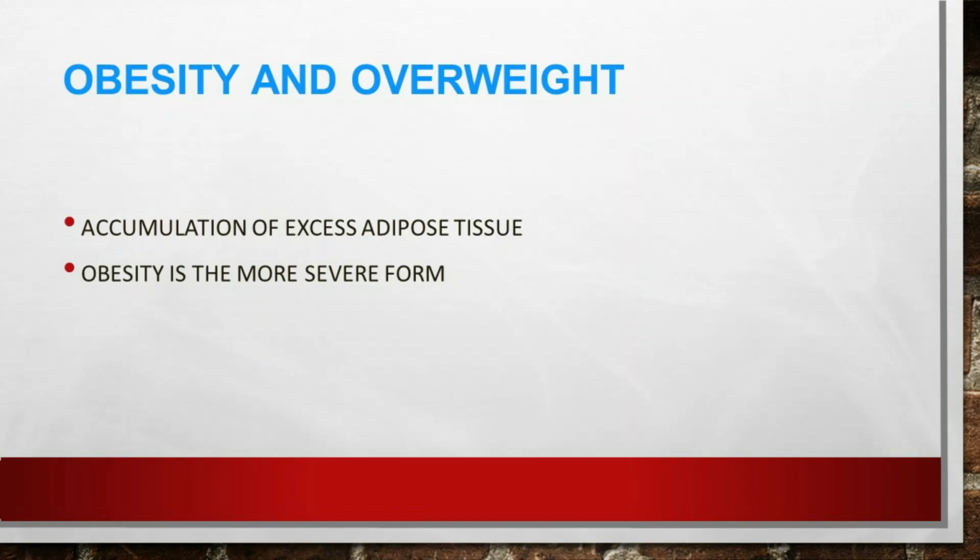Obesity can be further divided into categories, such as extreme obesity. A BMI of 30 translates into approximately 30 extra pounds for an adult. For example, a woman 5 feet 6 inches tall who weighs 186 pounds would be considered obese.